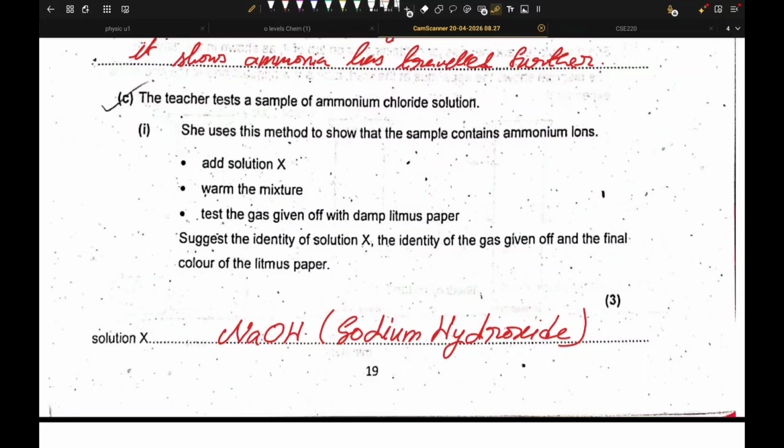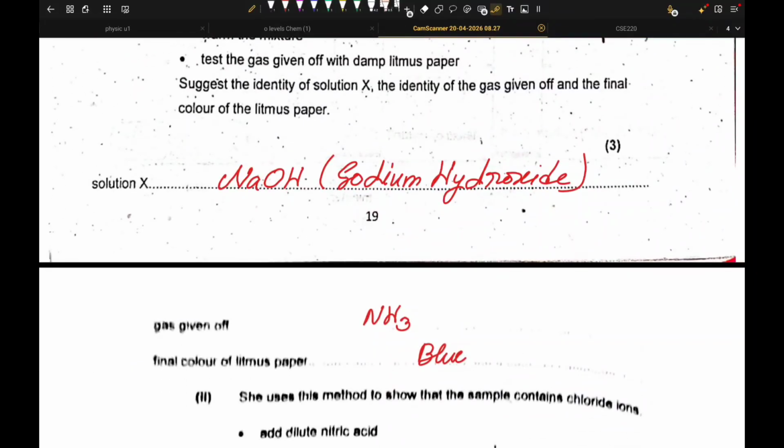In this case, the unwanted gas can be carbonate. So we will use solution X, which is sodium hydroxide. In this case, you can either write the symbol or you can write the whole thing. Both of them are correct.